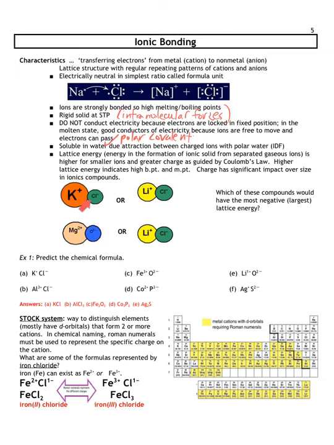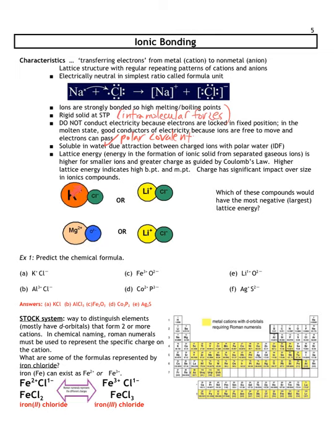Take a look at these two substances. You'll notice that the potassium ion is bigger and the lithium ion is smaller, because potassium has 3 energy levels and lithium has 1 energy level after it loses 1 electron. So 1 energy level, 3 energy levels, you can bet on this being larger.